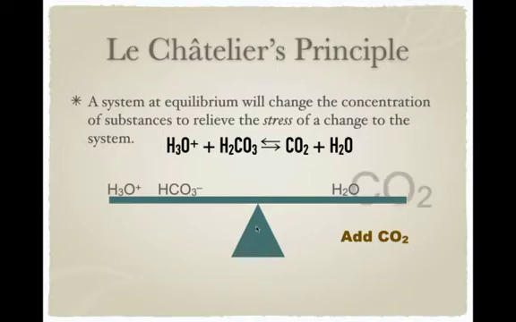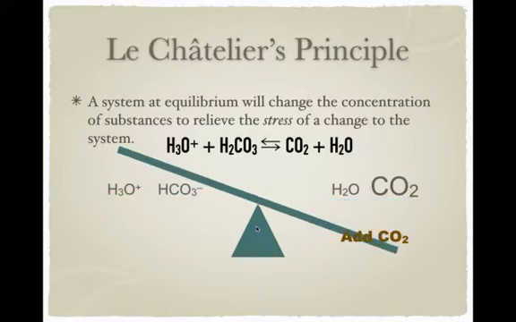But if I add more CO2 and increase the amount that's there, I'll have more collisions, and therefore I'll have more reactions. So now the rates are different and it's unbalanced. So in my balance beam analogy, the balance has shifted so that the products are too heavy.